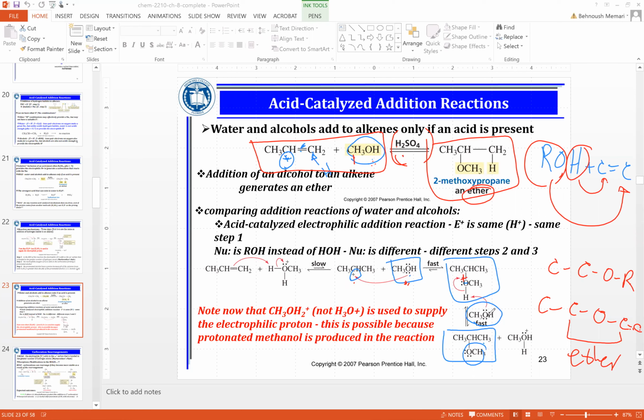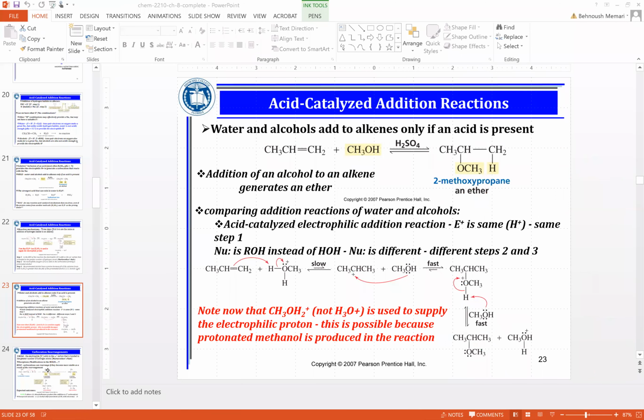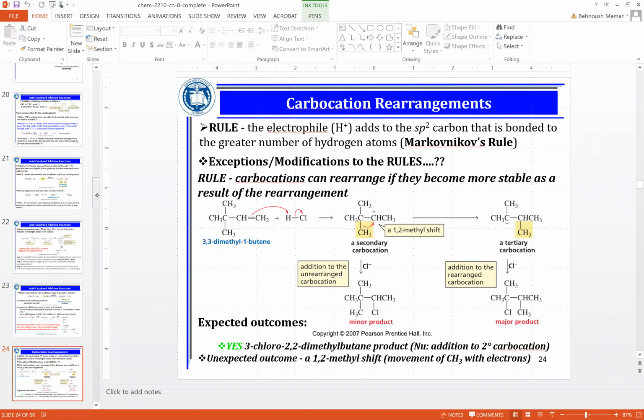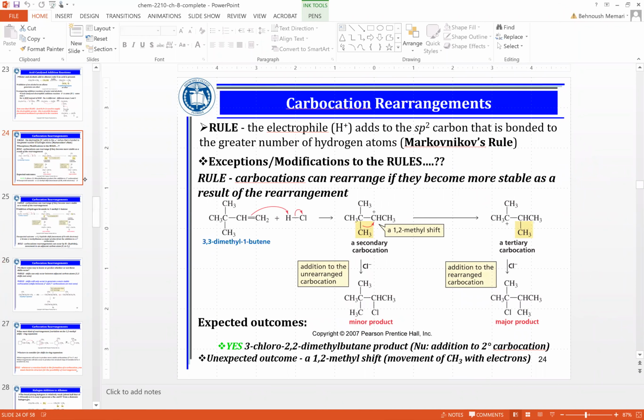Since it stays, you have to bring a solvent or your nucleophile to remove the hydrogen with the plus charge. Any questions about addition of water or addition of alcohol? Is this Markovnikov addition or anti-Markovnikov addition? It's Markovnikov, because again it's an acid-catalyzed reaction and you're getting the carbocation formed first.